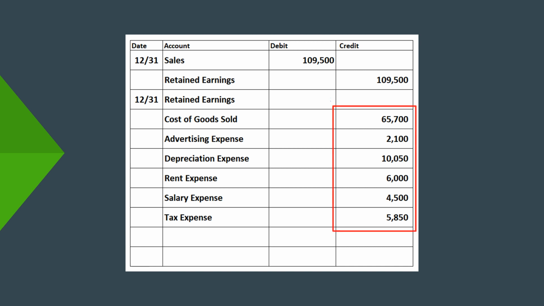Then what we're going to do is total all of these credits, add them up in a calculator, and whatever that total is, that's what we're going to put in for the debit for retained earnings so that our journal entry balances. So in this example, our debit is $94,200. And that's our journal entry to transfer all of expenses into retained earnings.